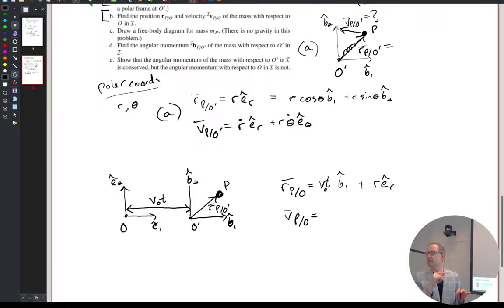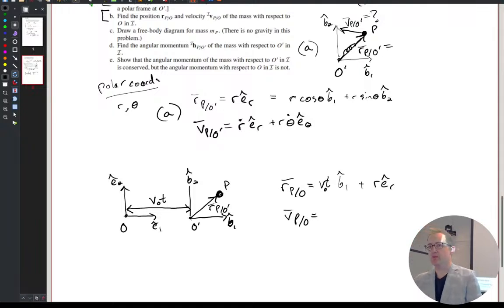No. So if two unit vectors are in different places but they're both pointing the same direction, they are the same unit vector. There's no difference between E1 and B1. Same thing for E2 and B2. It is the same unit vector. ER is different. That one's changing over time. But I can write it out like this. This is my relative position, and that's my relative spacing of my coordinates.